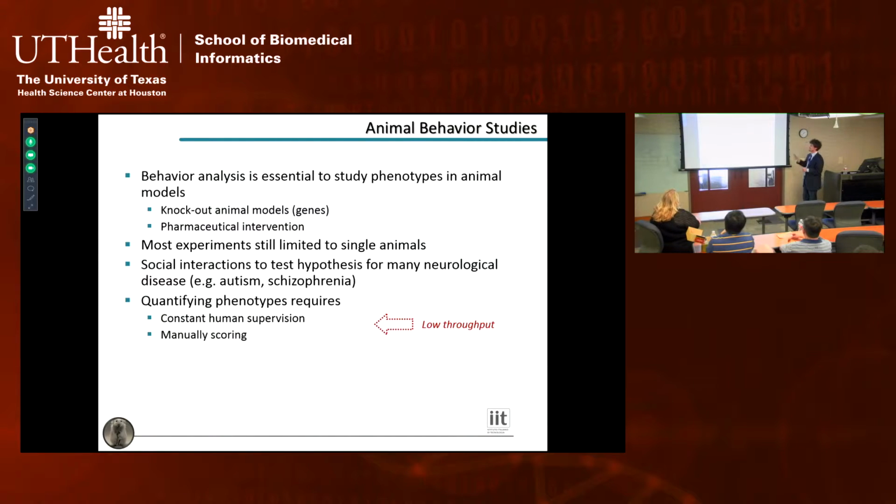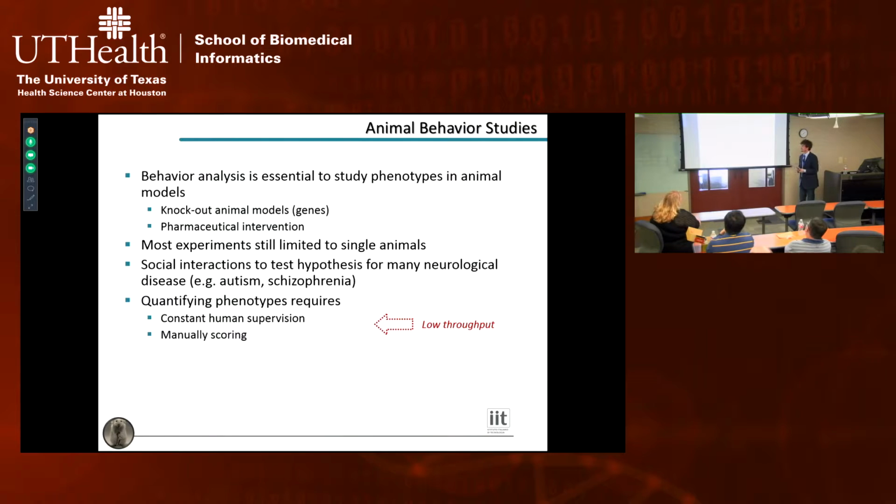Well, behavior analysis is essential to study phenotypes in animal models, which you know much better than I do. You knock a gene out of animal models, and then you check with some tests what the effect is, what the phenotype is, or you test a drug, and you see again with measures what goes on. Most of the experiments so far are limited to a single animal.